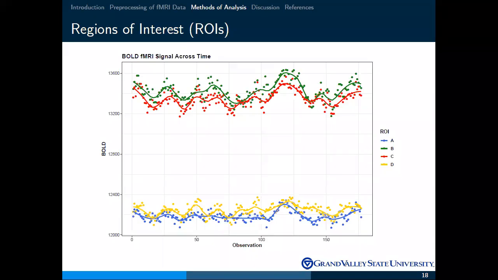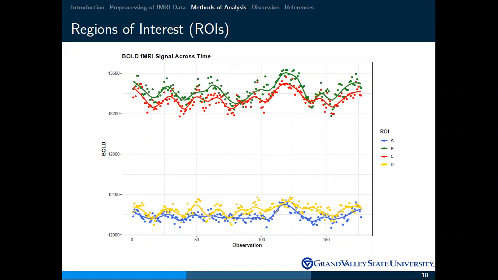So here's actual fMRI data from one of the data sets I analyzed, where I just picked out 4 brain regions. And here's the resulting time series across time for these. So you can see the green and red B and C brain regions at the top. You can see how they somewhat co-activate with each other.